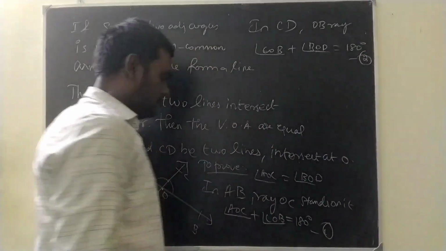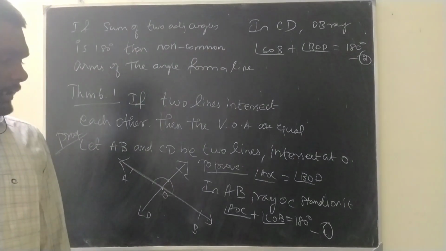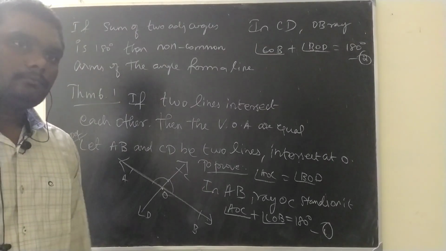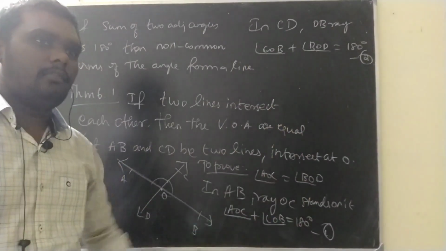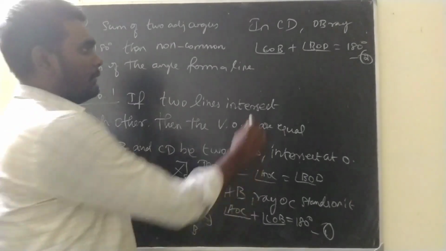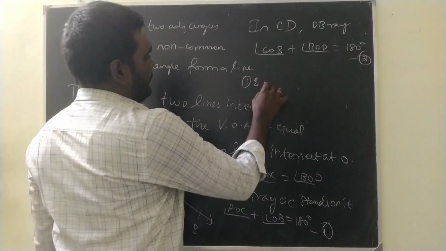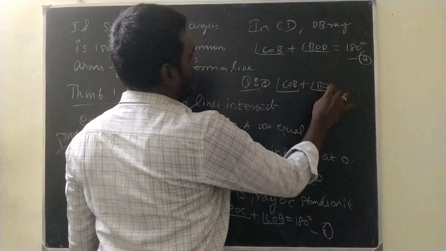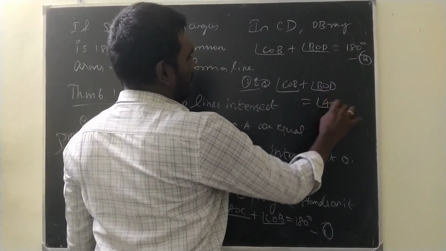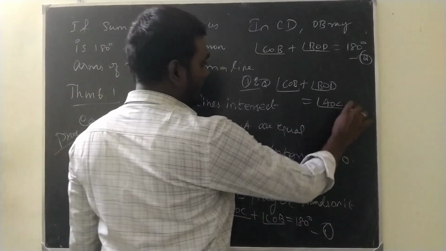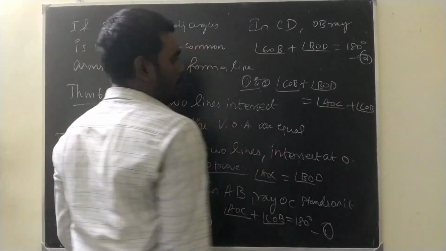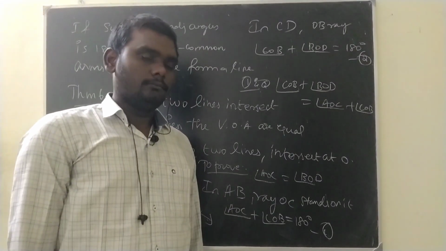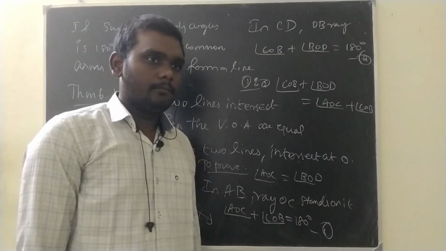That is equation 1. Both are equal to 180, which means both are equal. From 1 and 2, angle COB plus angle BOD equals angle AOC plus angle COB. In this, are any equal quantities there? COB. Okay.